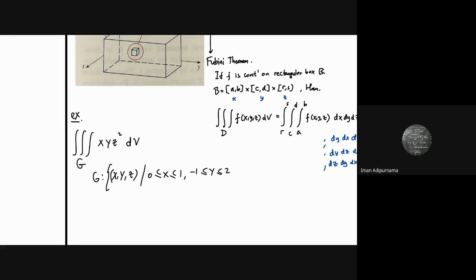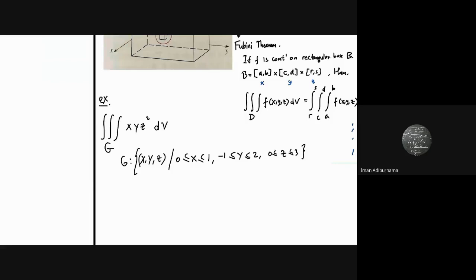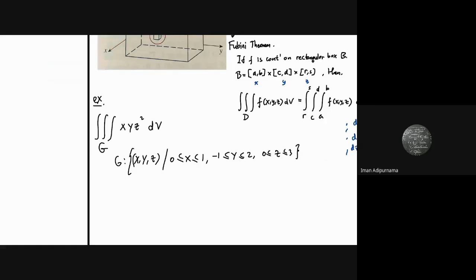So basically, from what we have seen here, we can deploy any order as we want, as long as it is suitable with G, right? So X is 0, 1, Y is -1, 2, okay?